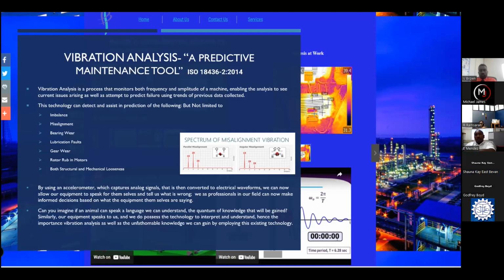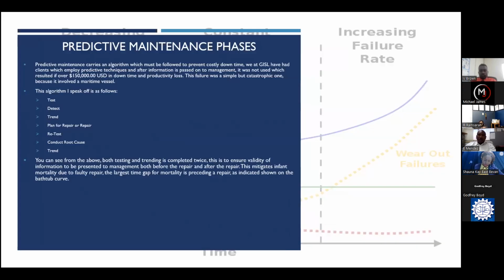If we could speak the language, the quantum of knowledge that would be gained. Similarly, our equipment is speaking to us, and we do possess the technology to interpret and understand, hence the importance of vibration analysis, as well as the unfathomable knowledge that we can gain by employing this existing technology. So this exists, and we utilize this throughout the oil and gas sector in Trinidad and in the manufacturing sector as well.